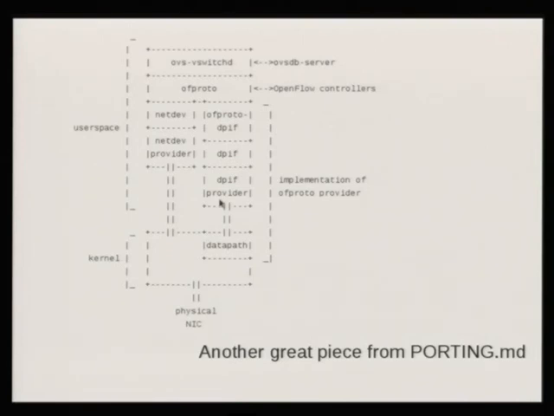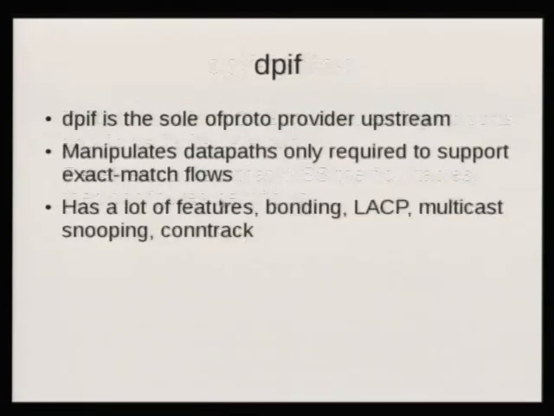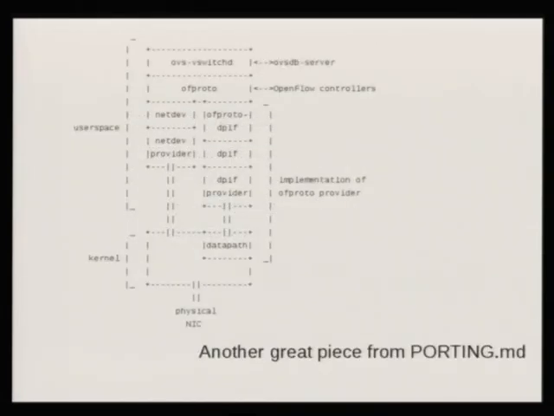So now the DPIF netlink receives that packet and gives it to OF Proto DPIF. Now this OF Proto provider knows about OpenFlow, right? So now it's going through all the OpenFlow rules, all the OpenFlow actions.